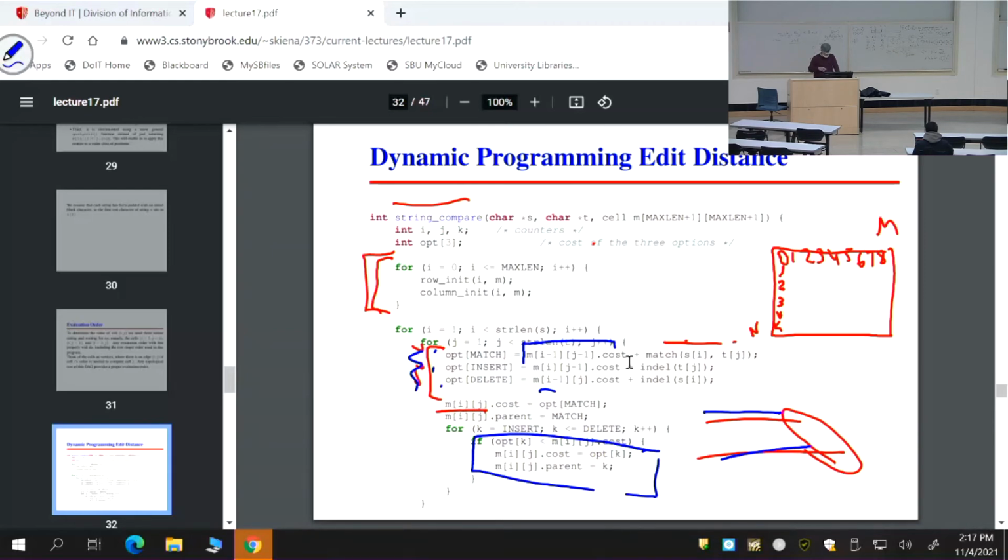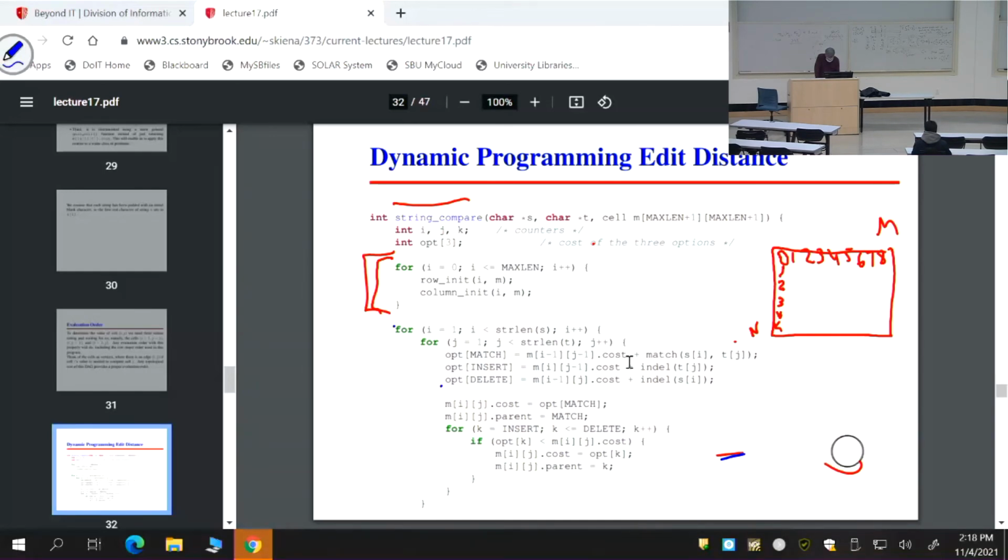So what is this algorithm going to do? There's no recursive thing, but there are these for loops. What are those for loops going to do? They're going to fill up my matrix in a way that the cells I need have to be waiting for me.